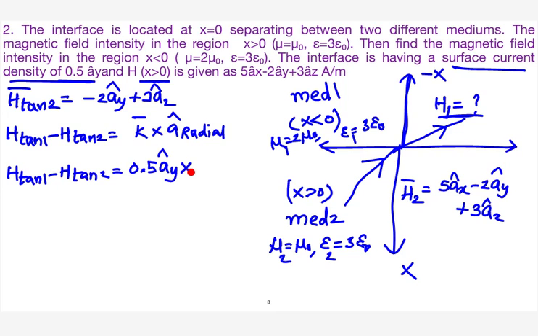Can you tell me what will be the radial direction now? Is it negative x or positive x?